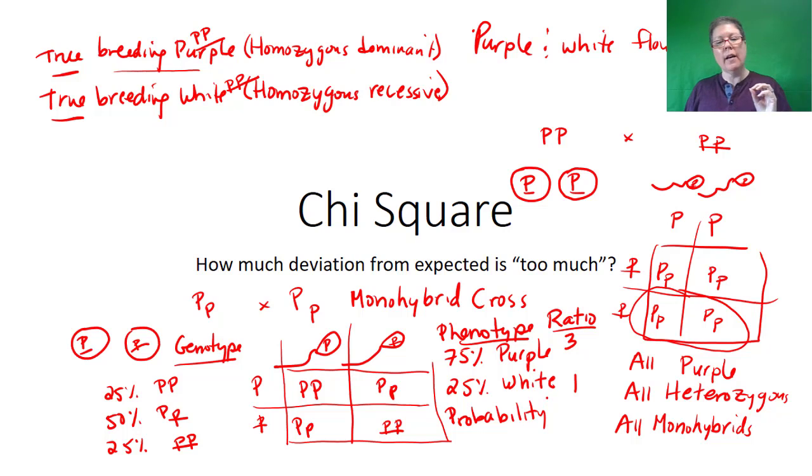So if you had a little more than 75 or a little less than 75, what the chi-square allows us to do is tell whether those data are close enough, right? Are those data close enough to still support our hypothesis that this is a monohybrid cross, that purple is dominant to white? Are they close enough, or are they not close enough?